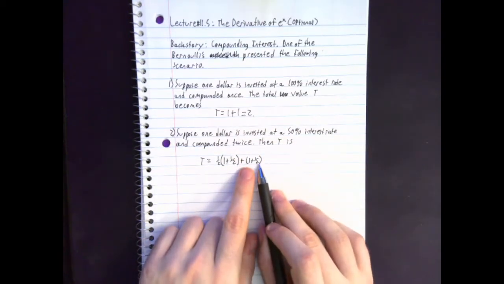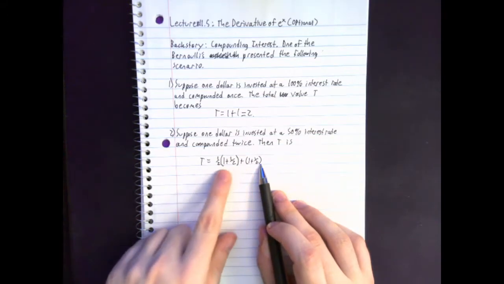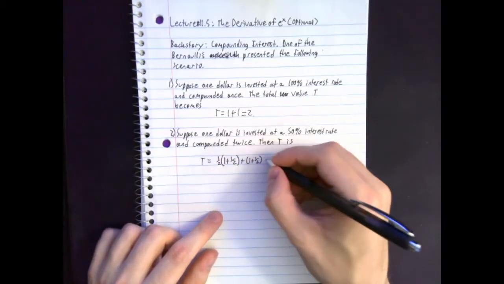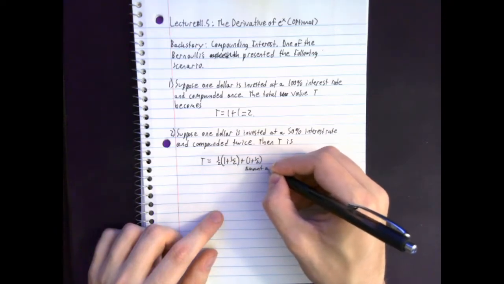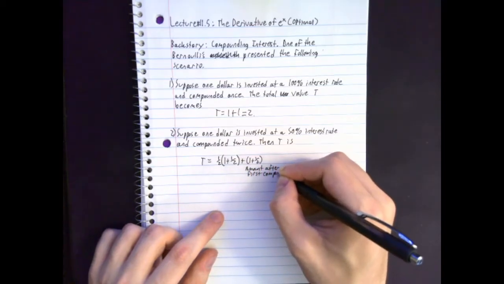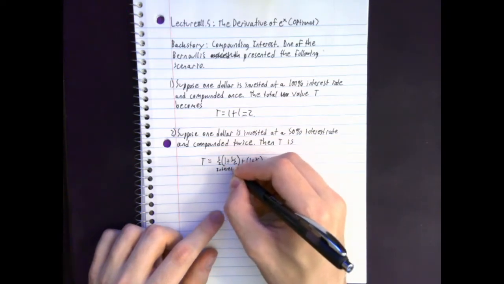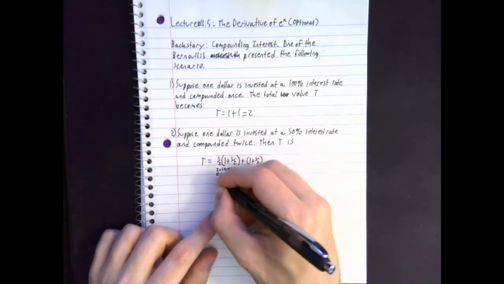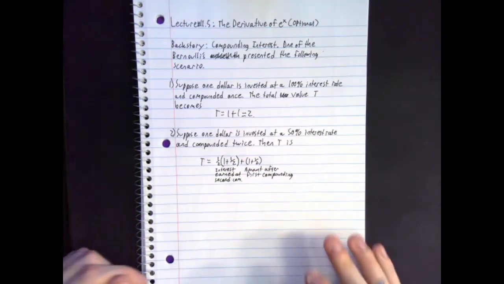So this is the amount after the first compounding, and then this is the interest earned at the second compounding. I'm not going to write that word again.